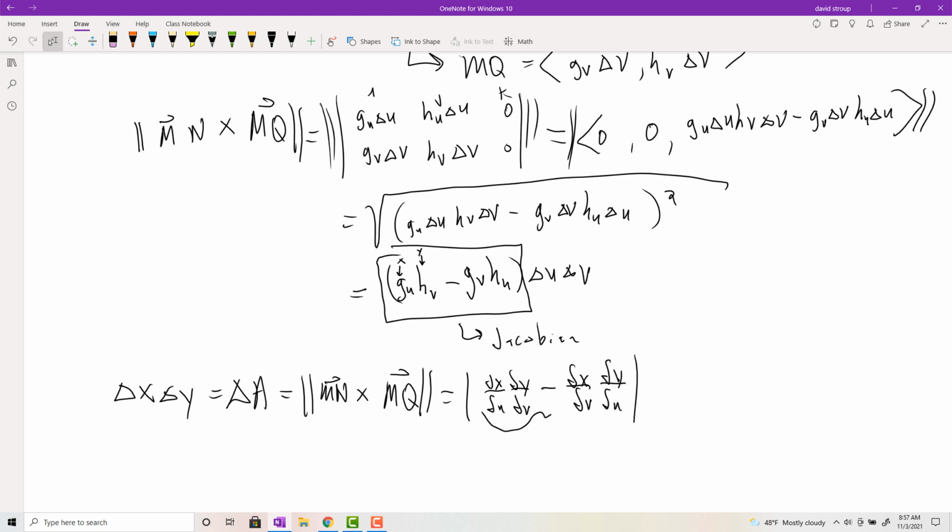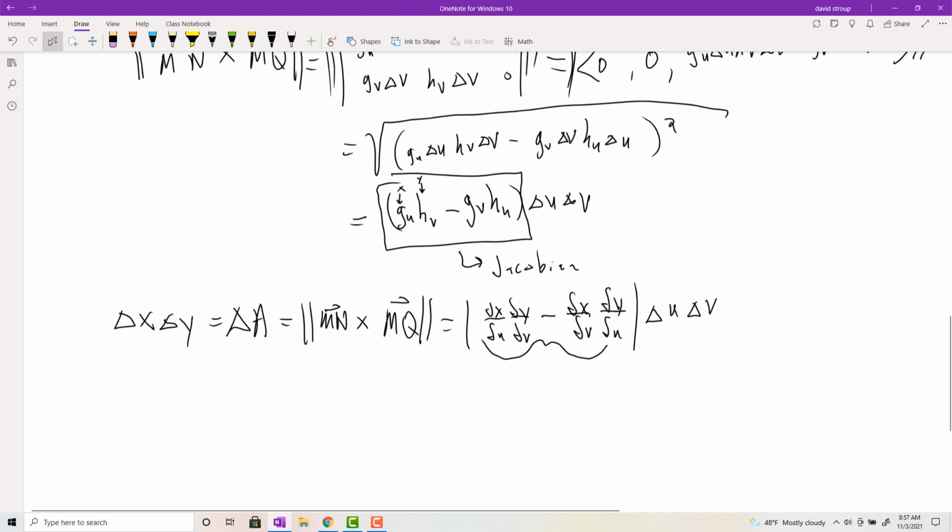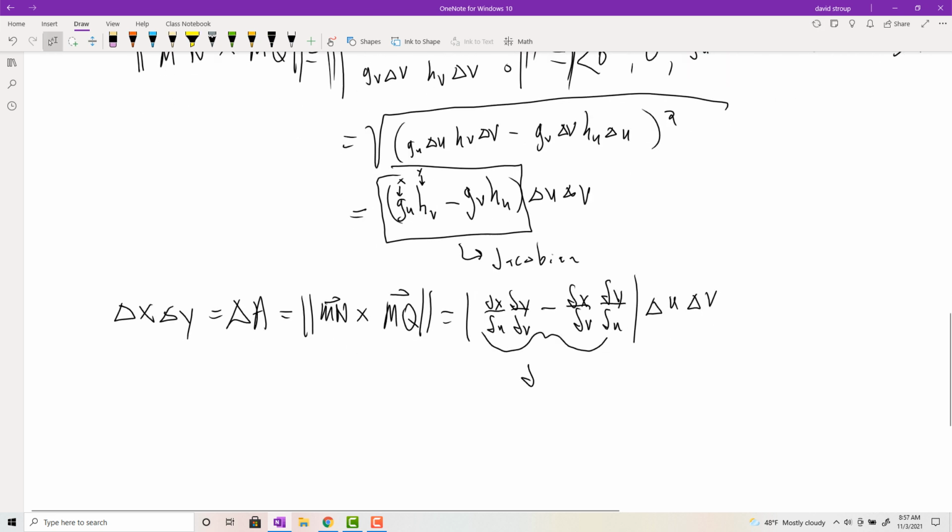Okay, and this junk is the Jacobian. And the way they usually write it in the book, let me just give you a heads up, which is kind of weird, is basically the partial derivative of this xy thing with respect to u and v. It's kind of just like another way of writing a partial derivative, but now you have multiple variables.